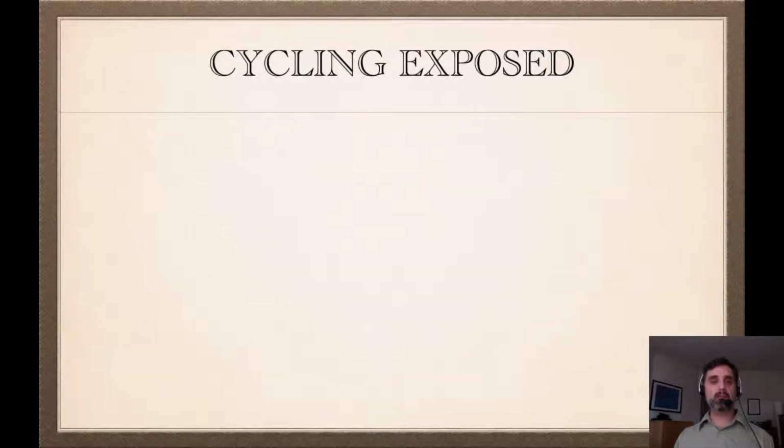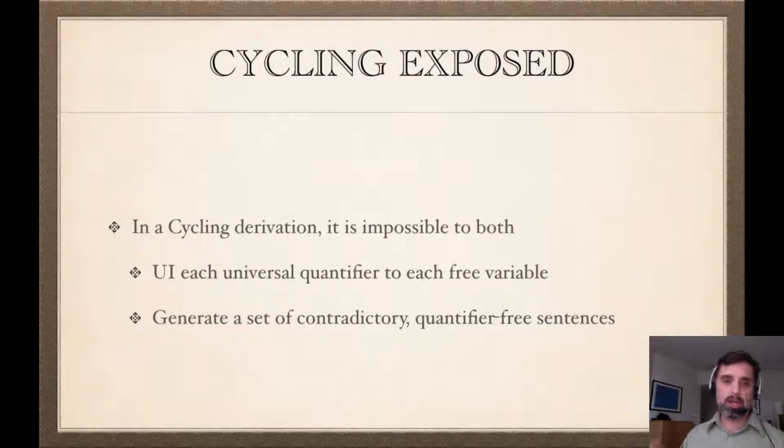So the problem is that in one of these derivations, you cannot UI each universal quantifier to each free variable and at the same time get your contradictory quantifier-free sentences. If you remember a few units back, I talked about the strategy, and the idea of the strategy is you do EI and UI in the right way.